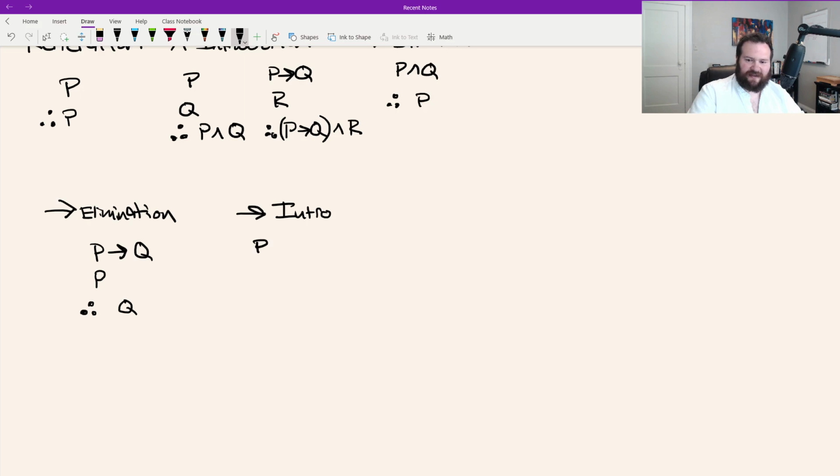So, for example, if I assumed P, and I was able, through some process of valid inferences, to arrive at R, then it would be acceptable for me to conclude that if P, then R. Okay? That would be acceptable. So, let's look at an example to see how this would work. Let's get our vertical bar first.